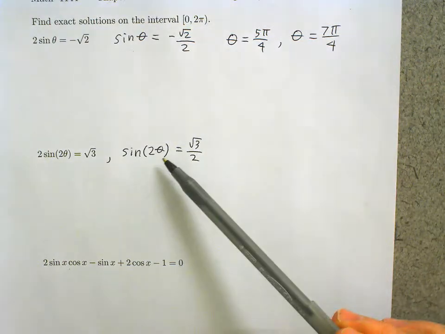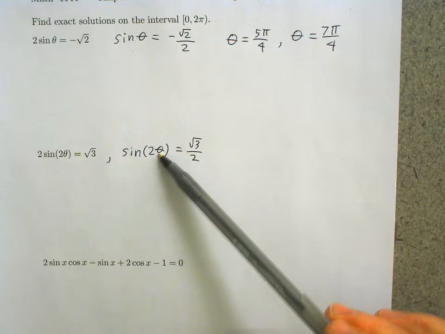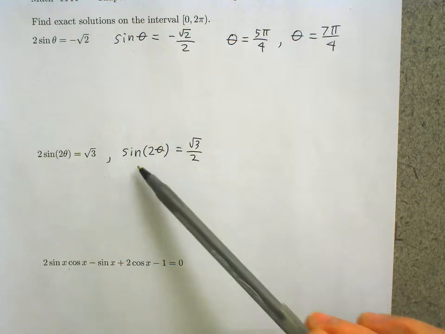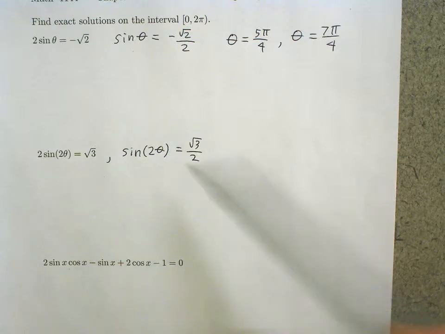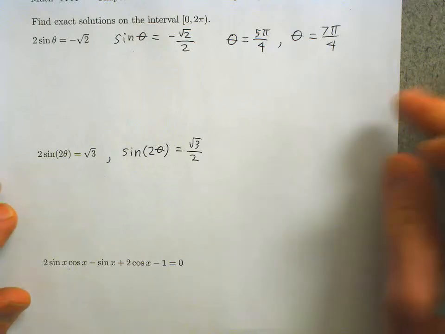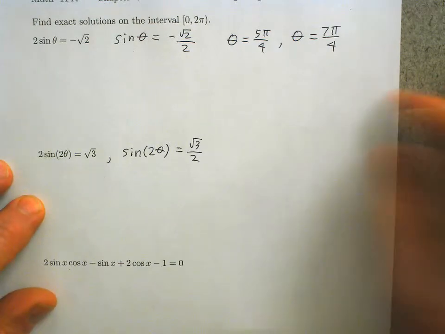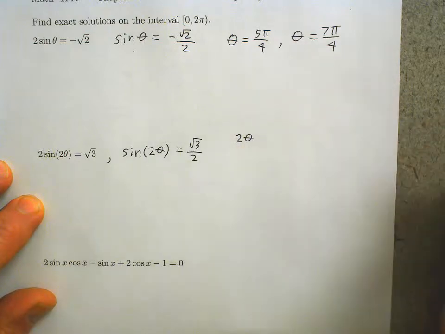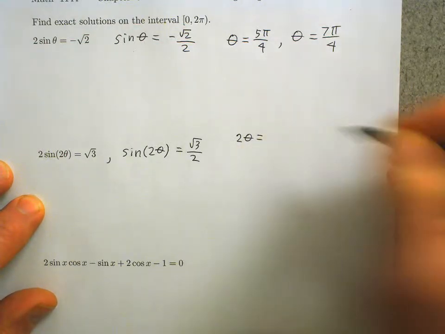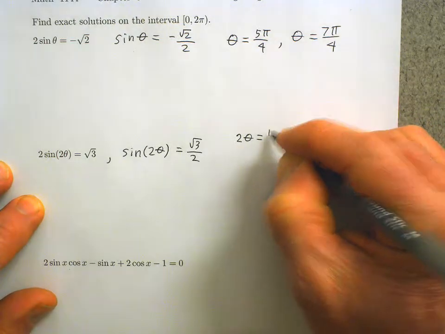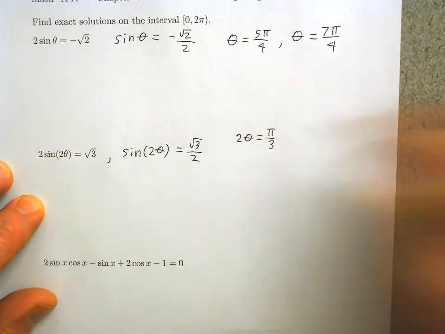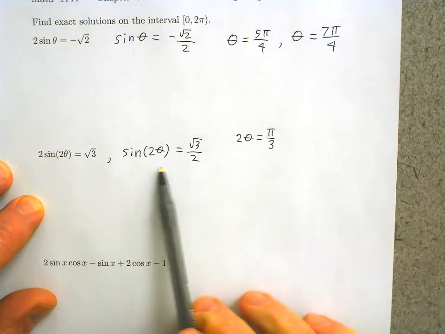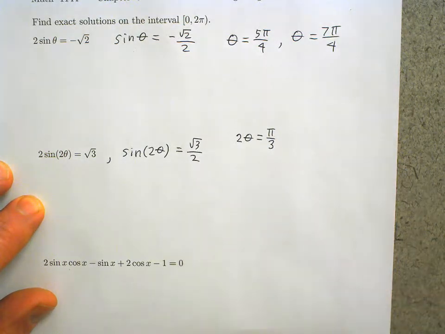So we have to find all values of theta such that sine of 2 theta equals the square root of 3 over 2. Well, we know 2 theta can be pi over 3, because sine of pi over 3 is the square root of 3 over 2.